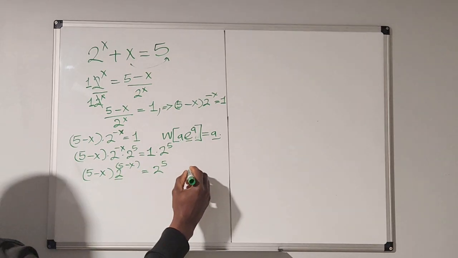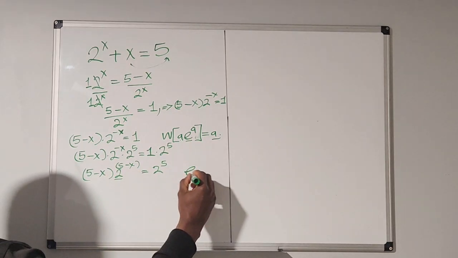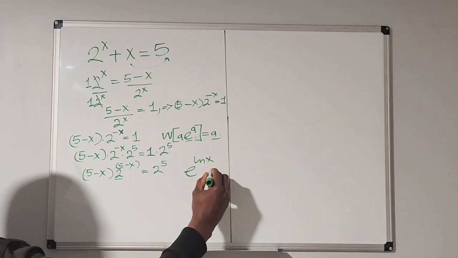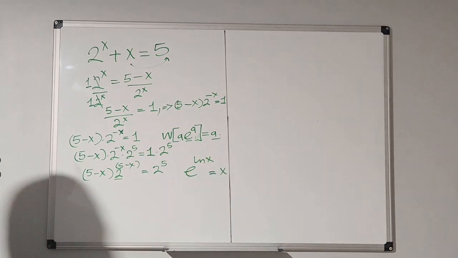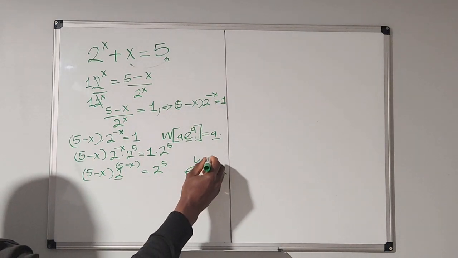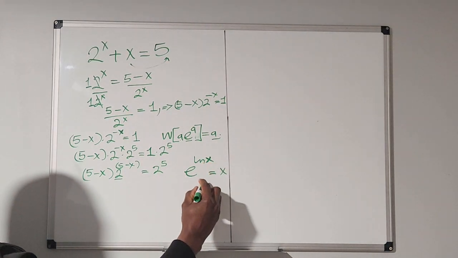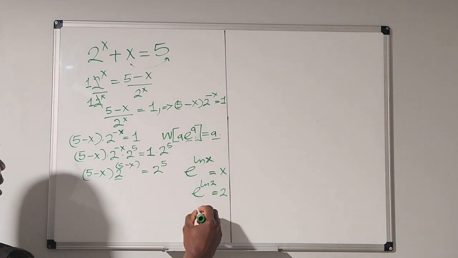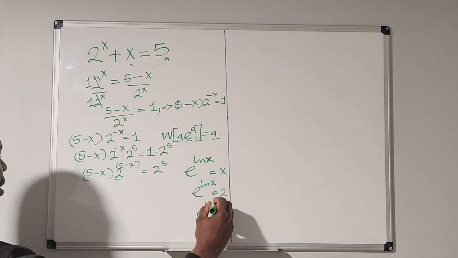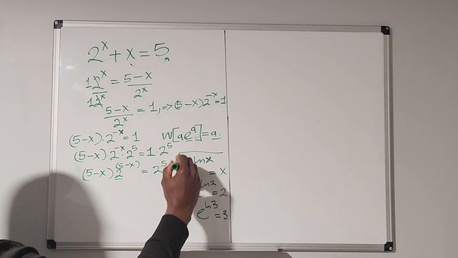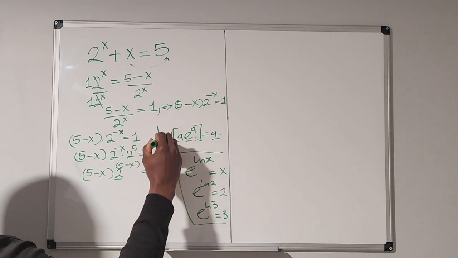So we have another rule that states that e raised to power ln of x is equal to x. So that means your x can be any number. If you have e raised to power ln of 2, that would be 2. If you have e raised to power ln of 3, that would be equal to 3. Okay.